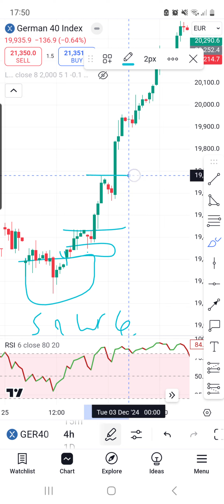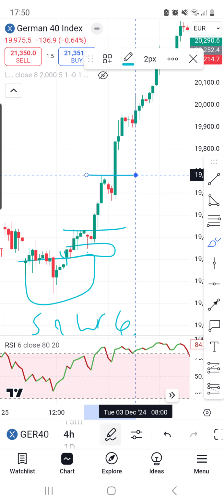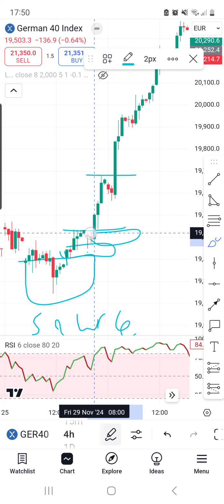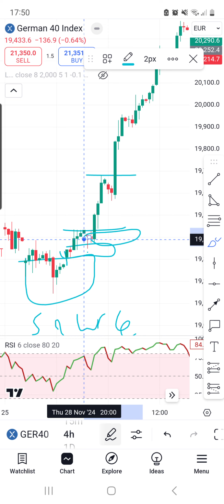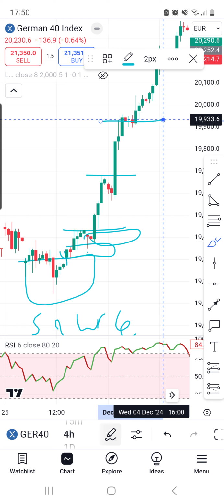To create what? A new higher high, which is that one. So again, with this new high, our order block would be the last red candle, the one right next to it, this one right here. Again, price came, tapped, went on its way up to create another high. So I think this would be our next high.